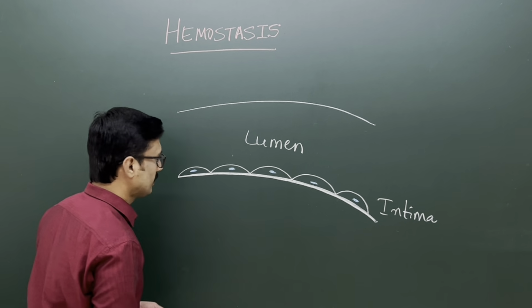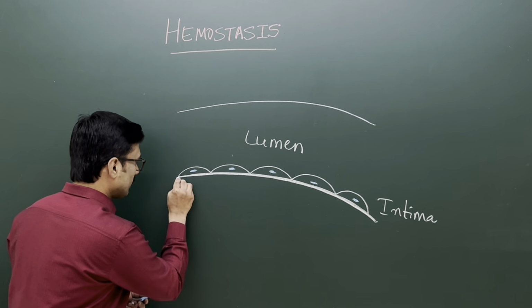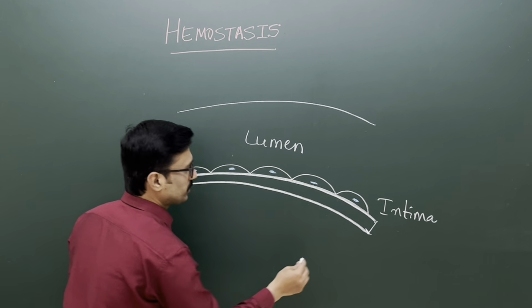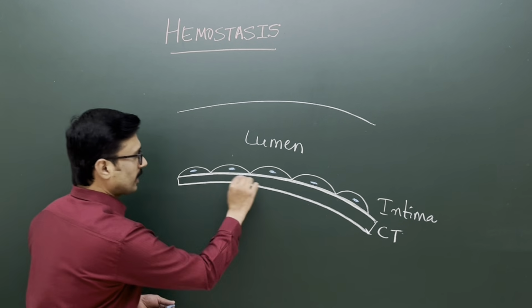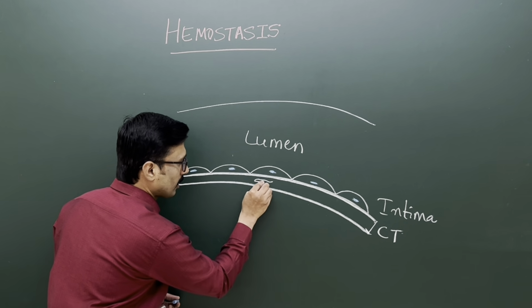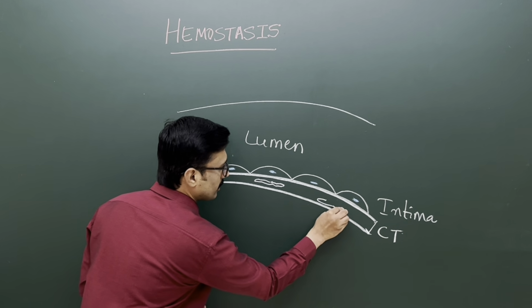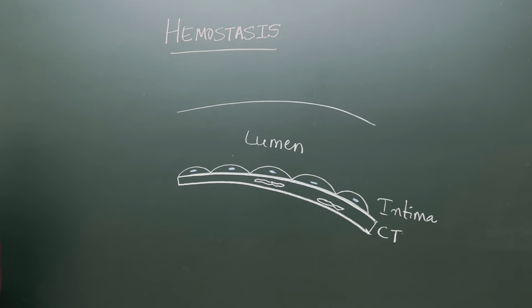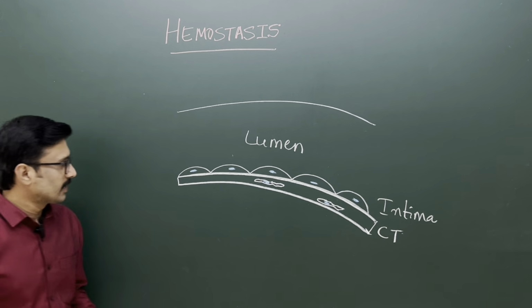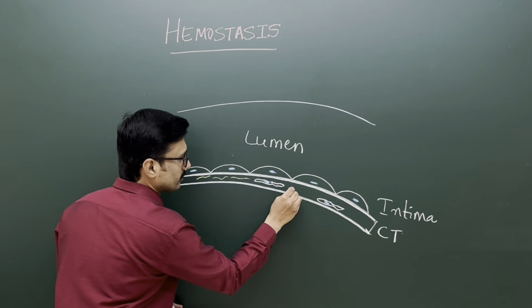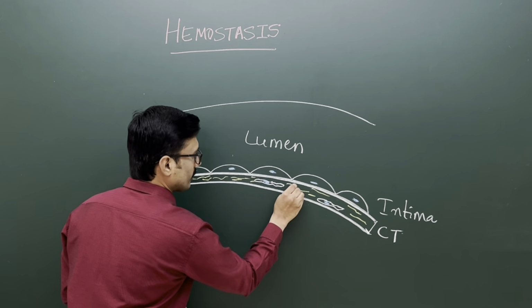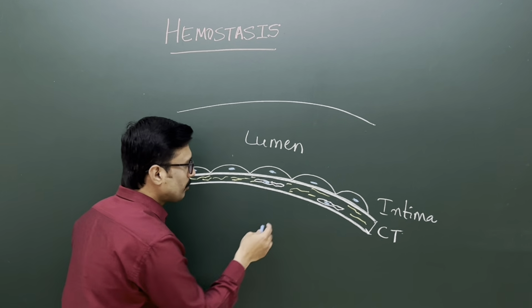These are endothelial cells. And below these endothelial cells is a layer of connective tissue, the subendothelial connective tissue. This connective tissue is made up of fibroblast cells, and also collagen fibers. These are the fibroblasts, and some collagen fibers I will draw here. These are collagen fibers. And also there are von Willebrand factors.